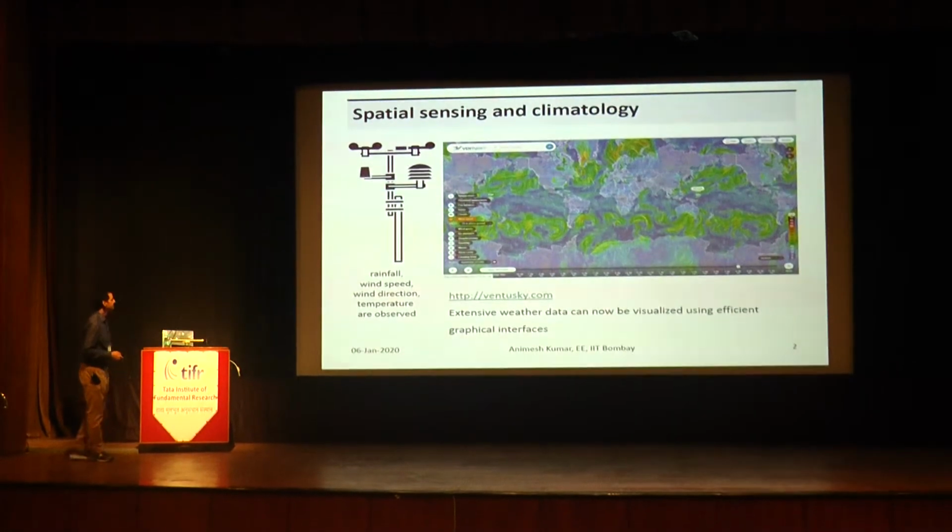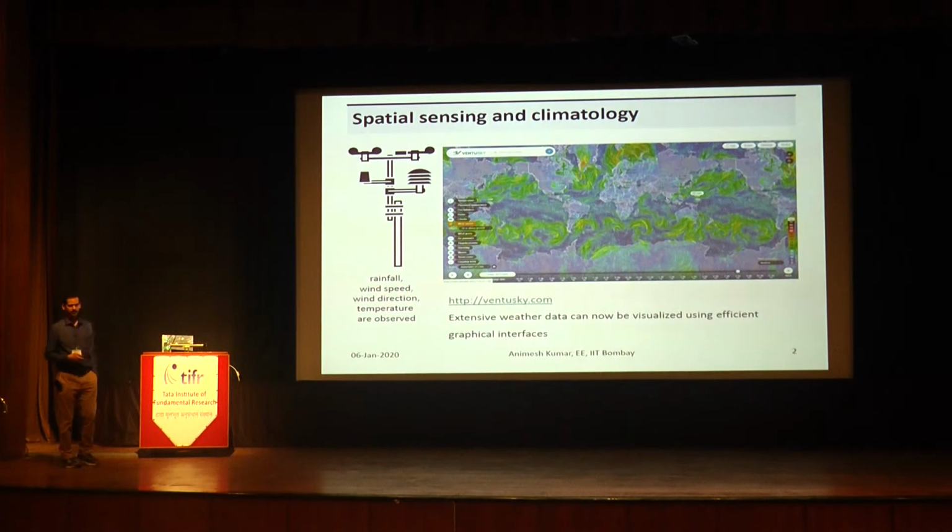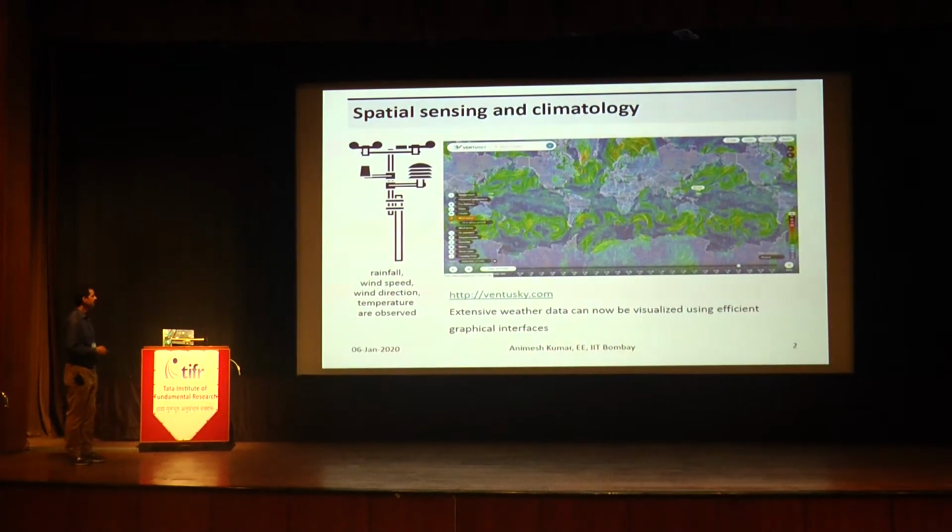All right, so I'll begin with a brief motivation. Spatial sensing and climatology have been an age-old activity. The illustration on the left here shows a weather monitoring station which would measure parameters like rainfall, wind speed, wind direction, temperature, among other things.